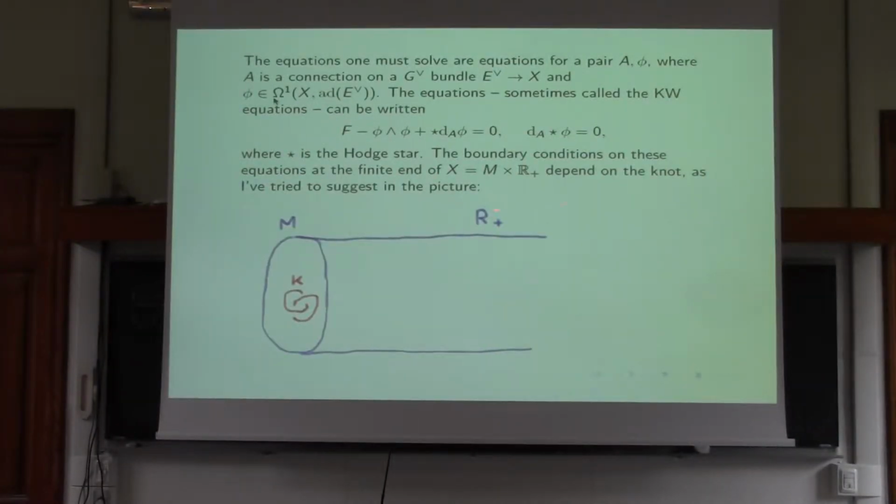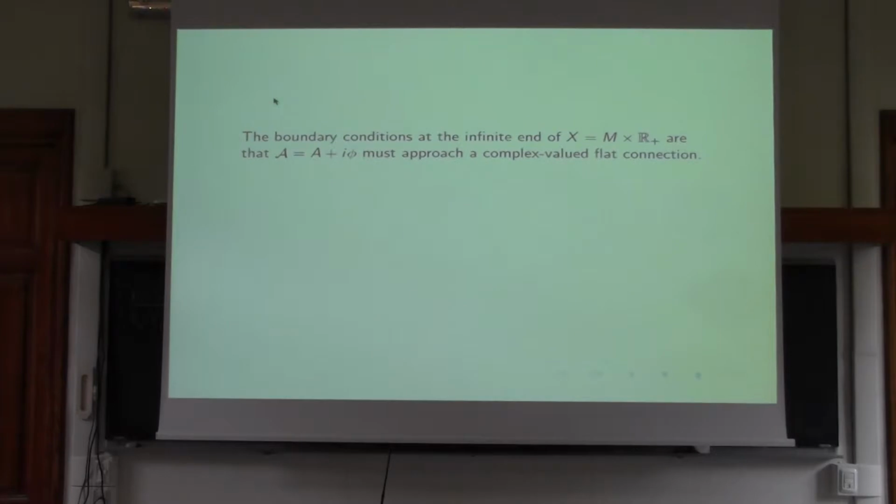So the boundary conditions depend on the knot, as I've tried to suggest in the picture by placing the knot inside the boundary. But the details of the boundary conditions are a little bit subtle, and we'll talk about them later. However, the boundary conditions at the infinite ends are more simple. They're simply that A plus i phi must approach a complex-valued flat connection.